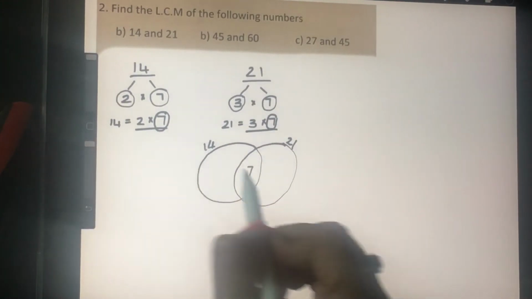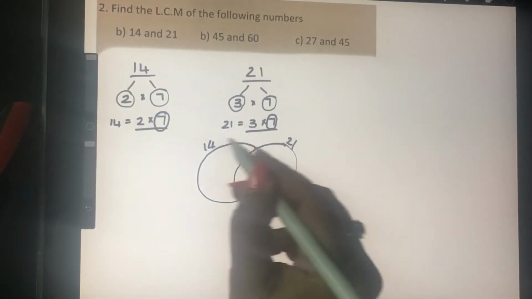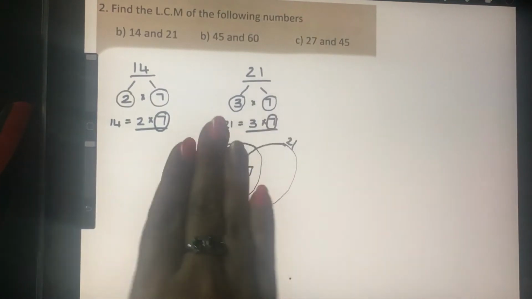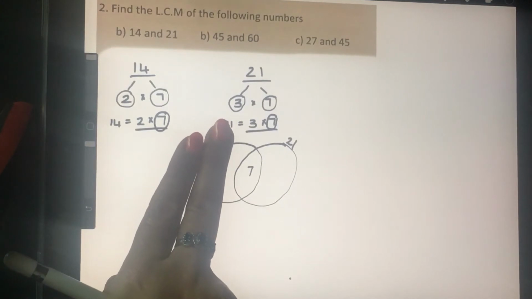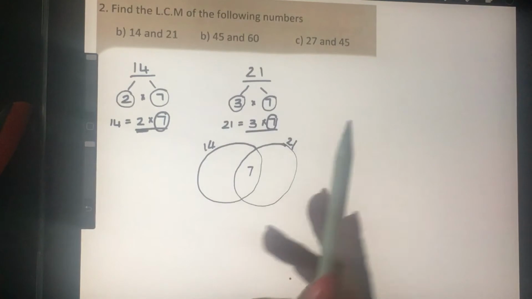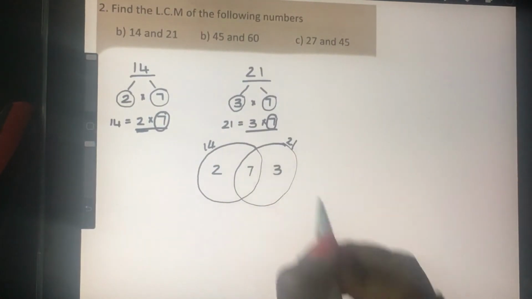Please note that it's only one number 7 because it is shared between the both of them. So in the circle of 14, there's only one 7. And in the circle of 21, there's only one 7. Right, then what is left on 14 is the number 2. And what is left on 21 is the number 3.